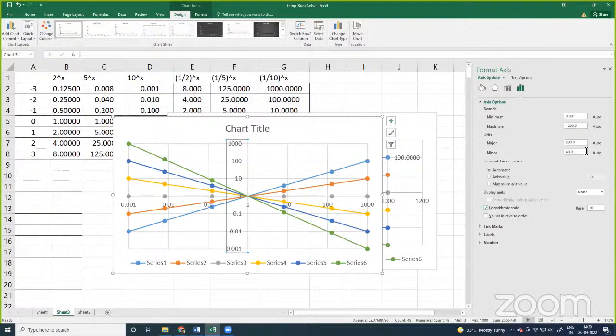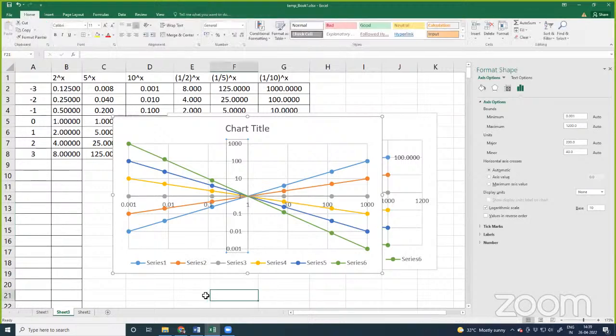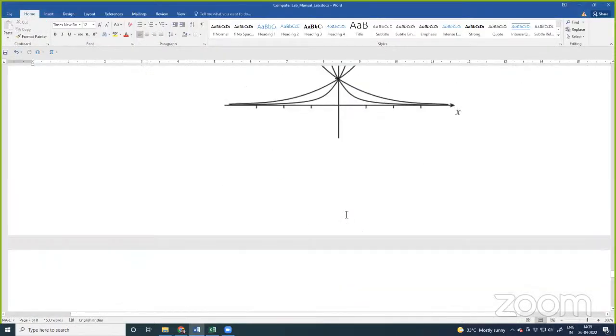See, if both are logarithmic, the axis looks like this. These are the different versions. Right now, for the time being, you practice up to this extent.